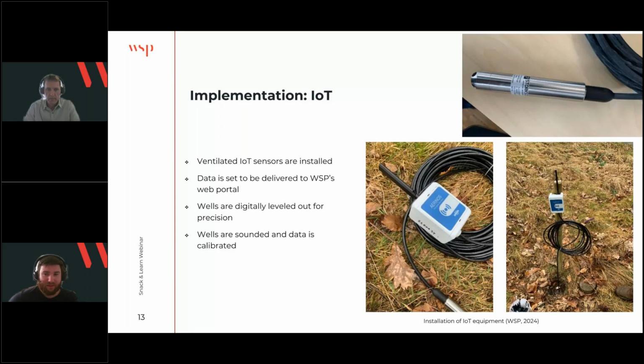And here it's delivered for visualization and data management. And before the sensors are calibrated, then all the wells are leveled out digitally to get the maximum precision for the wells. Then the wells are sounded, and the sounding is being used for the calibration of the IoT sensors.